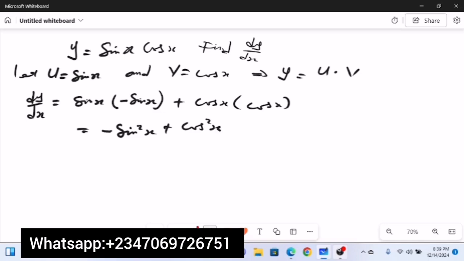Cos squared x. So you can simply rewrite this. This simply implies that dy over dx is simply going to be equal to, if you rearrange, cos squared x minus sine squared x. Alright, so this becomes the final answer of that question.